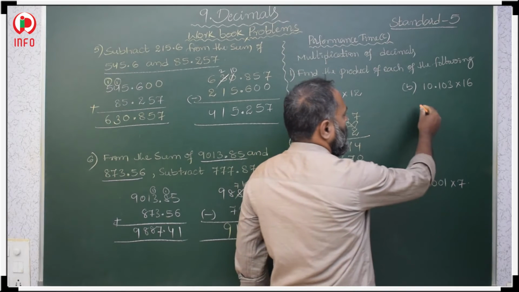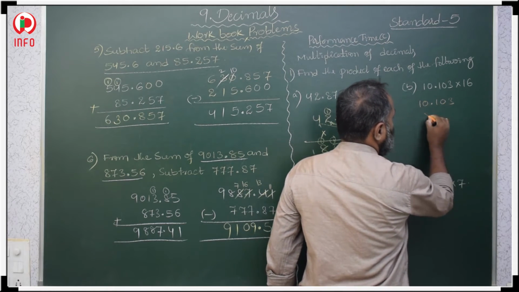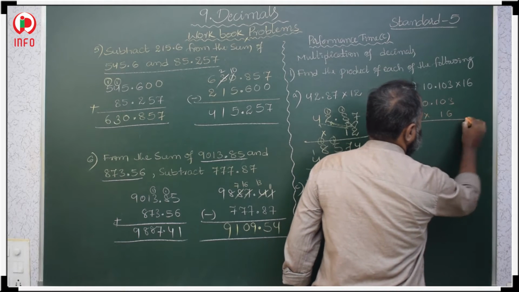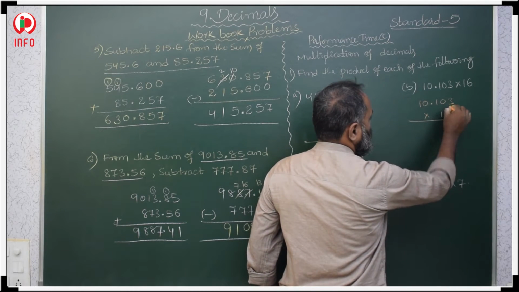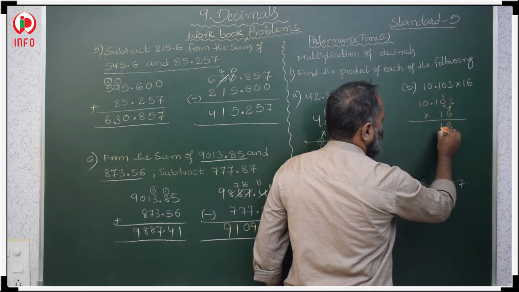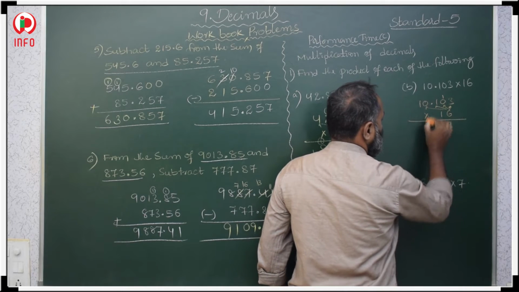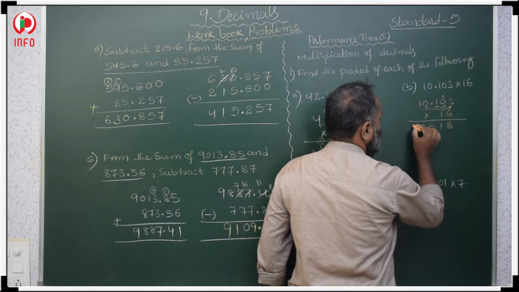Now, 10.103 multiply with 16. With 6, 6 3s are 18 and 1, 6 zeros are 0, 0 plus 1, 1, 6 1s are 6, 6 zeros are 0, 6 1s are 6.